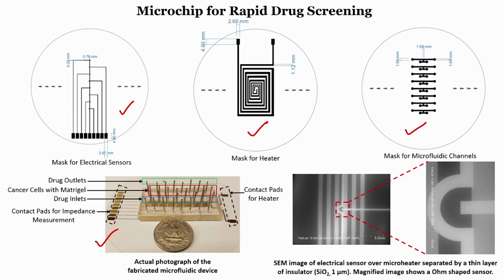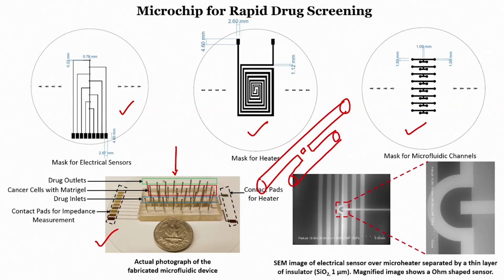Like last time we discussed, if you see this, take one single channel. What we have? We have a longer channel and we have a shorter channel. Here we have a pillar.